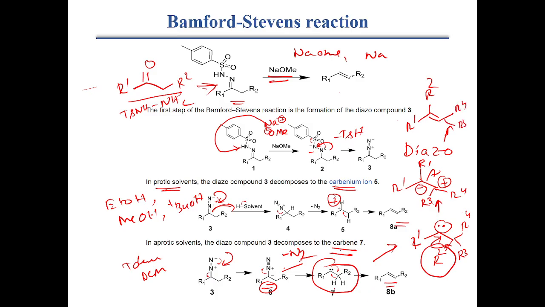So if any compound has no hydrogen, or it is a compound which has any kind of alkene, aromatic or aliphatic group in place of hydrogen, that will migrate. So this reaction is called Bamford-Stevens reaction.